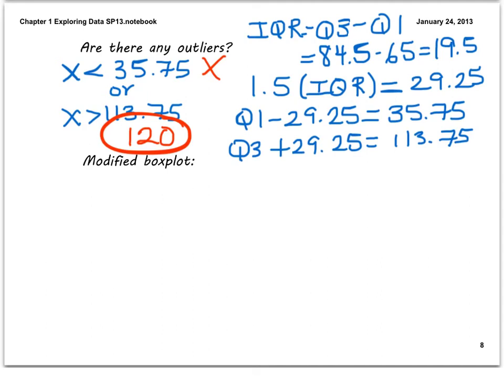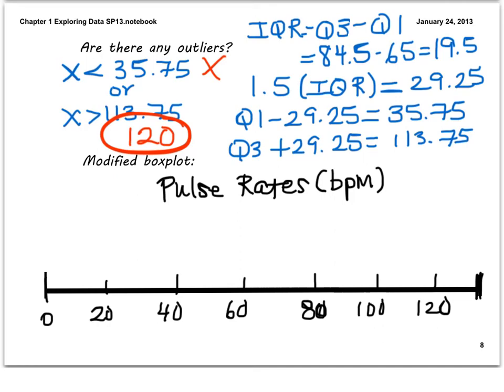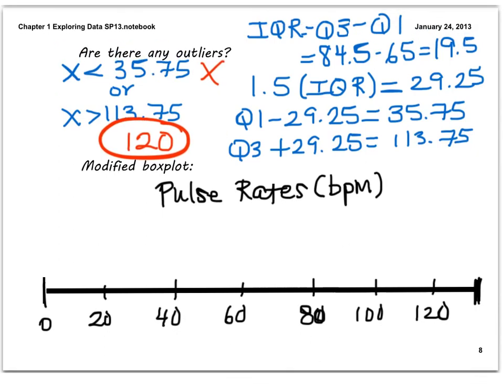Now that will change our box plot just slightly. We'll start off the same way. So our minimum is still at 45. Q1 will still be in the same place. That won't change for us at all. Q1 is still going to be at 65.